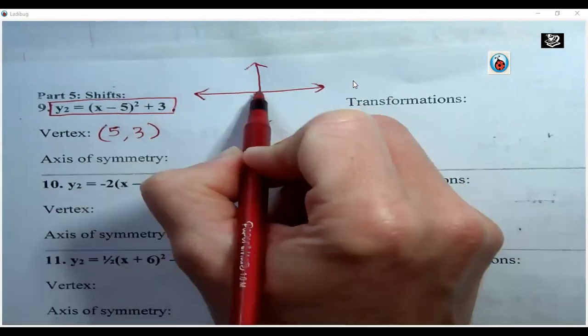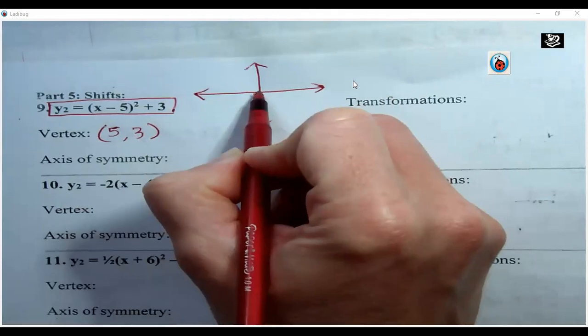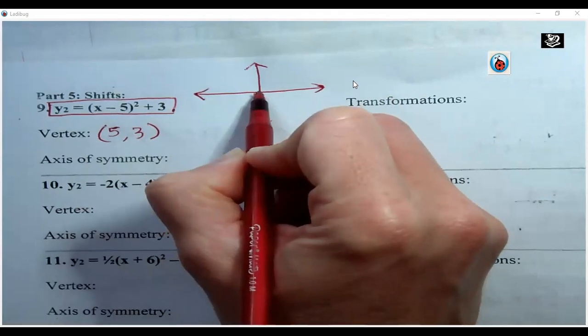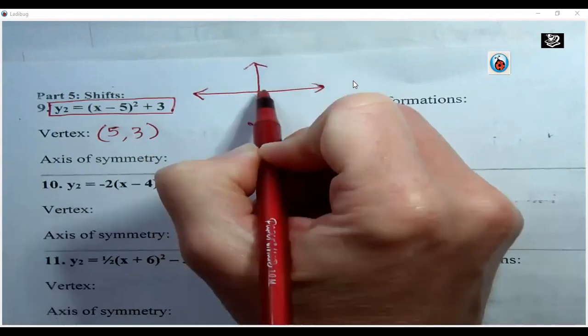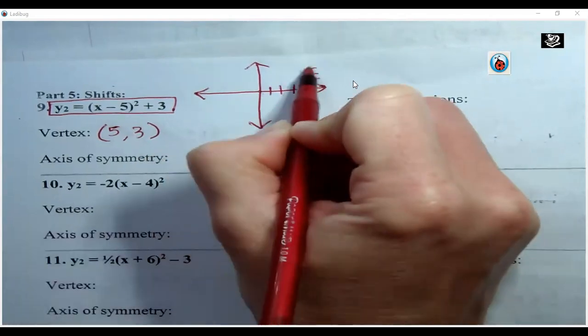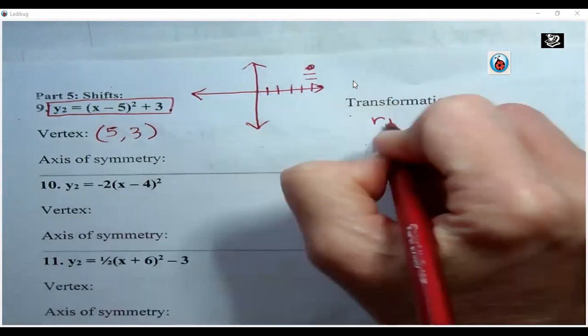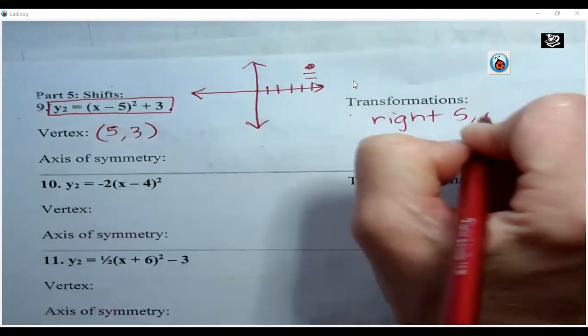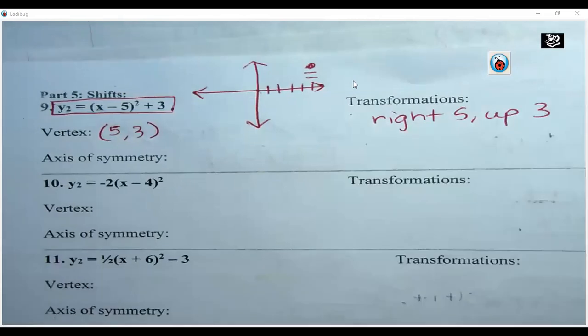Which direction do I go to 5, 3? 5 to the right and then 3 up. Good. So it goes right 5 and up 3. It's as simple as that.